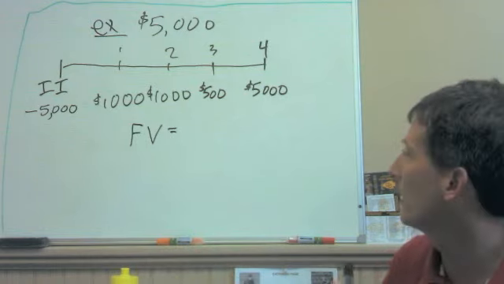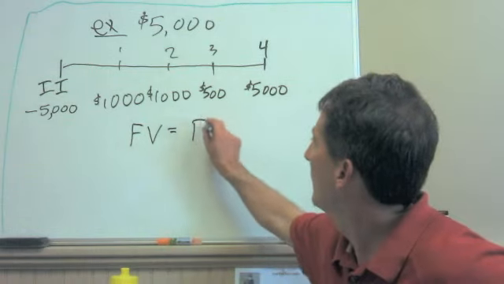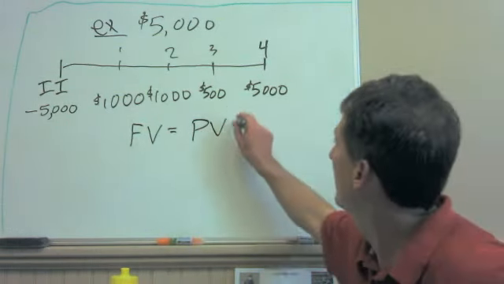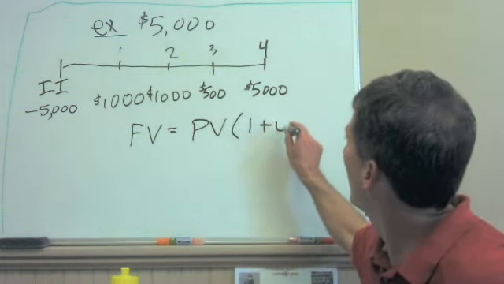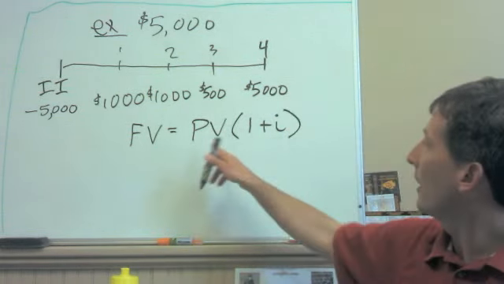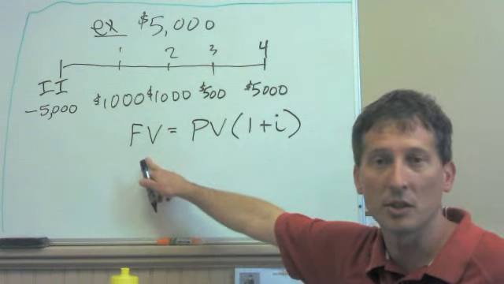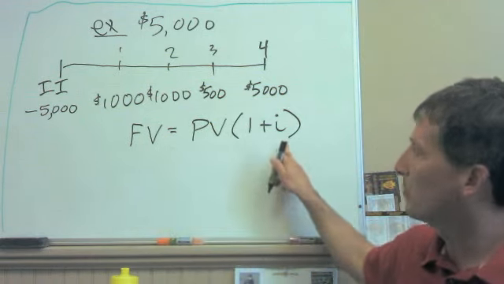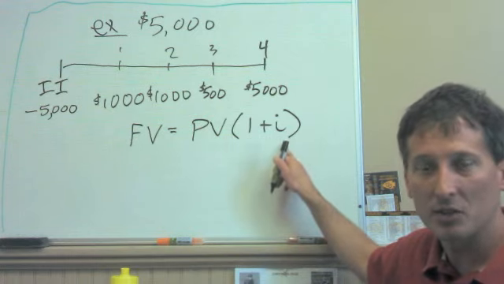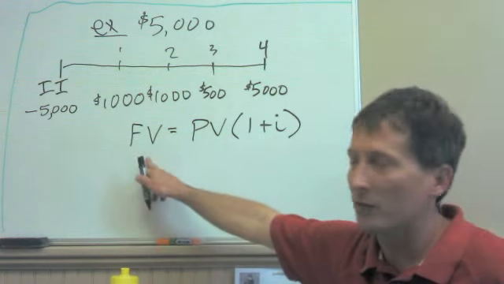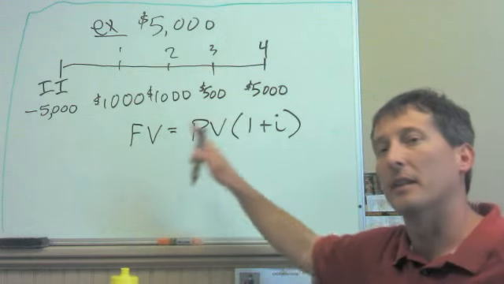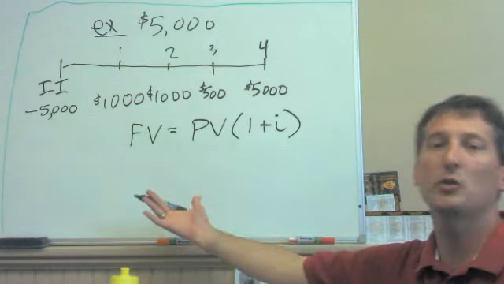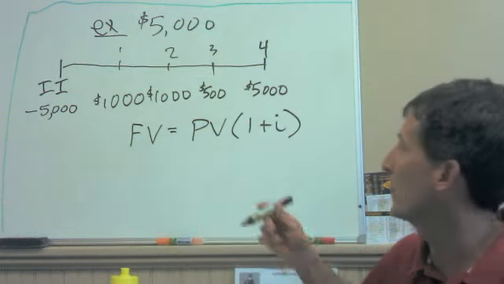So if you have $100 today and you invest that at 6%, you are going to have $106 next year. So the present value of 100 times 1 plus 0.06 gives us your $6, and so the future value is 106.